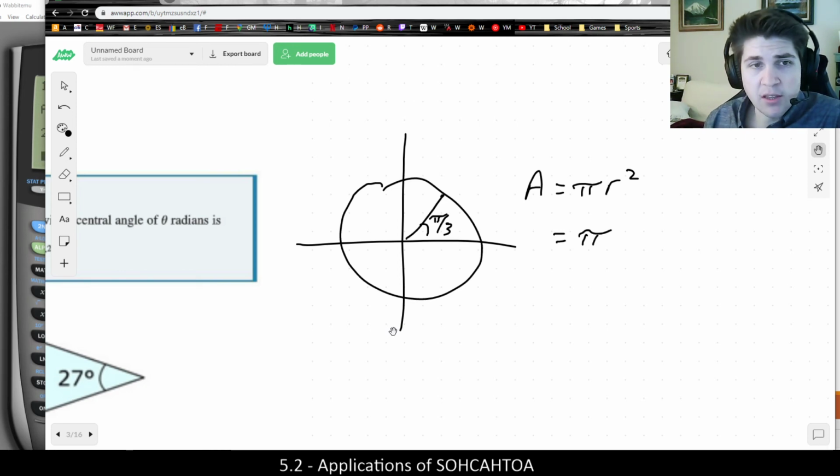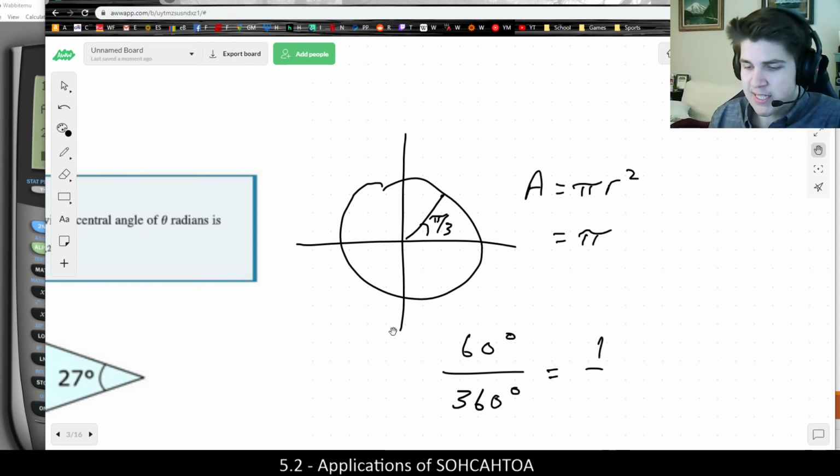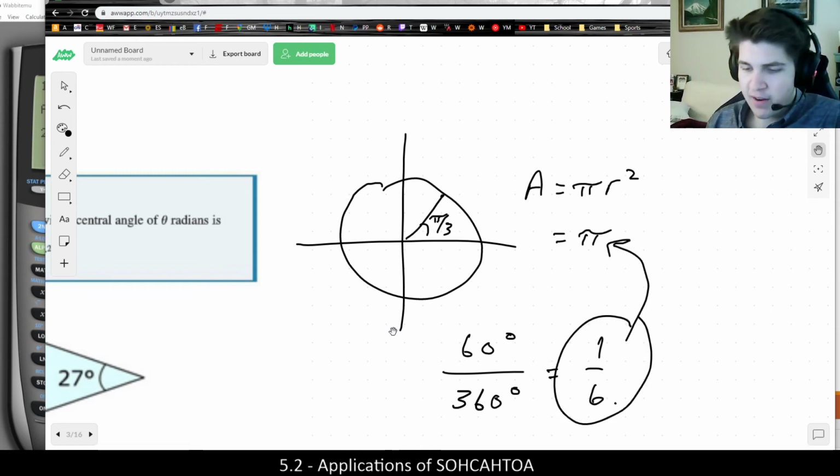And say I was dealing with a larger segment. Well, if the area of the whole thing is pi, the area of that particular segment would have to do with the particular fraction of the whole circle. So in the same way, dealing with 60 degrees out of 360, that would be 1/6 of the entire circle. So basically, I'd be dealing with 1/6 pi for the area of this particular segment.